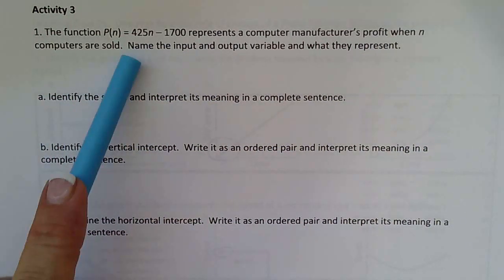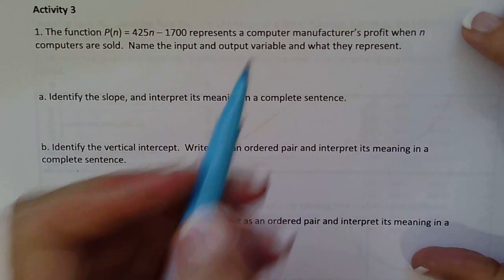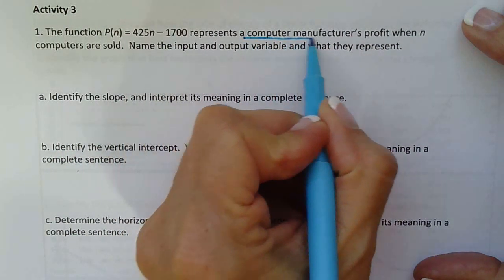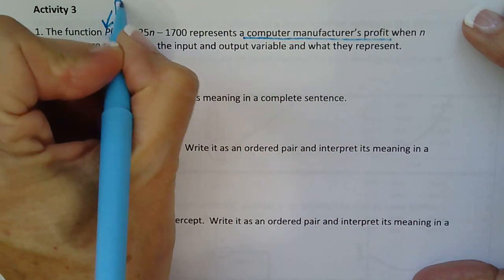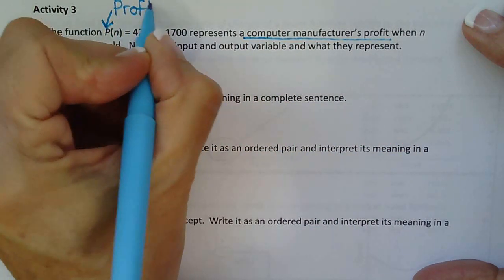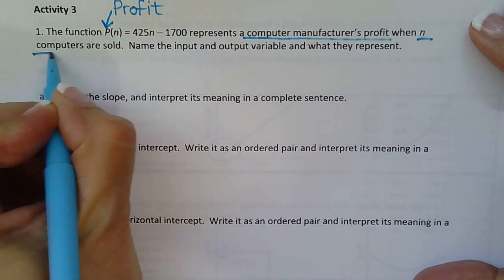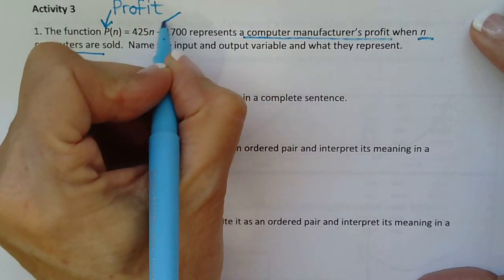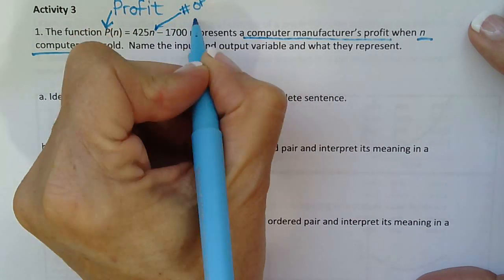So here's our function. It represents a computer manufacturer's profit. So P stands for profit. I like to let myself know these things. When N computers are sold. So N is the number of computers sold.